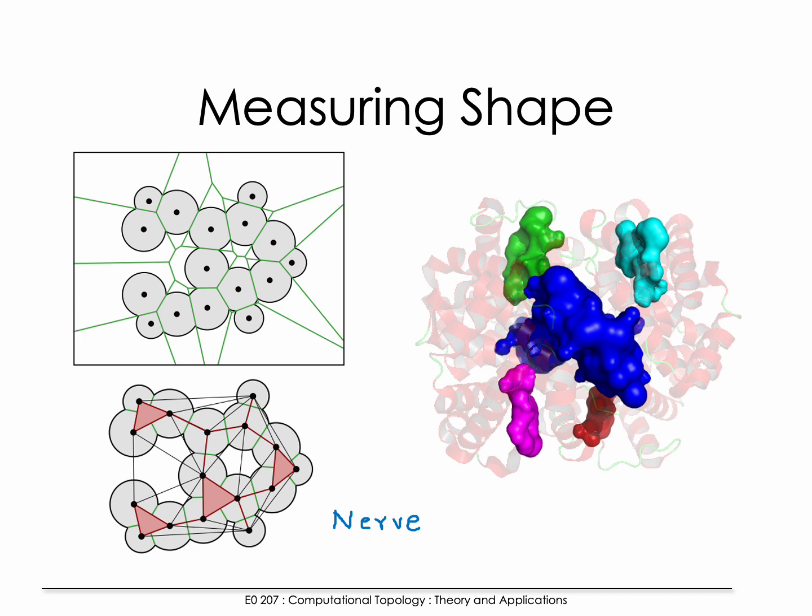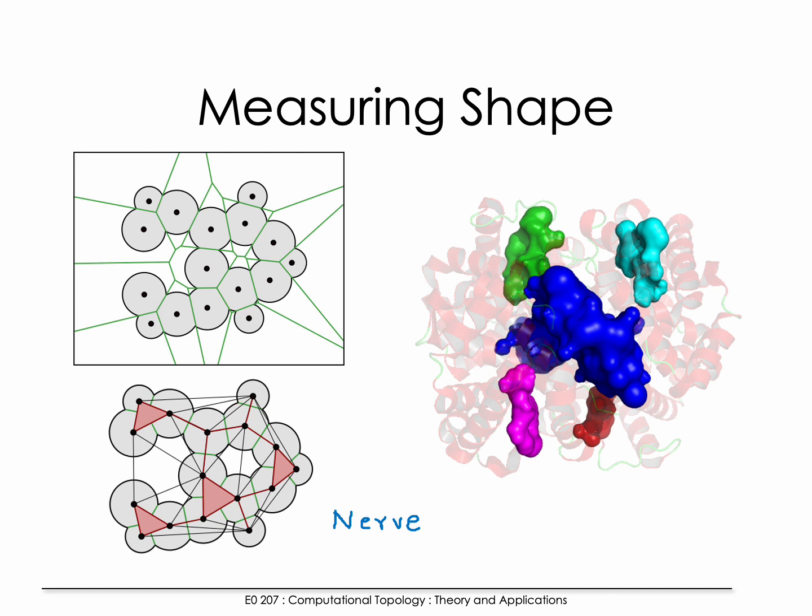So the nerve represents the intersections between various collections of disks, or it captures the relationship between various collections of points.